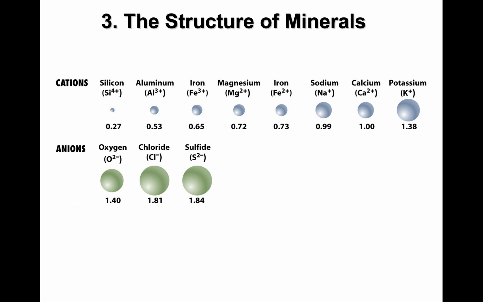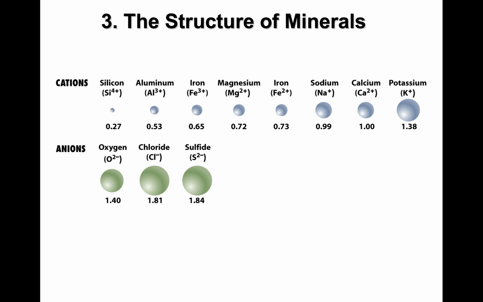Silica is a very small bubble when you are looking here at the radius. Then we have aluminium, it says 3 plus, the bubble is a little bit bigger. Then we come to the iron, Fe3 plus, with a bigger bubble. Next is magnesium, Mg2 plus, then iron, Fe2 plus.